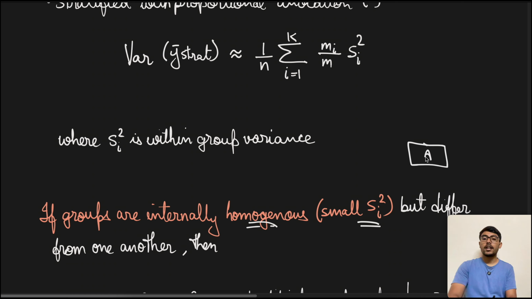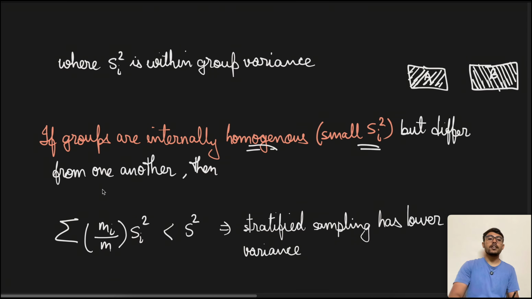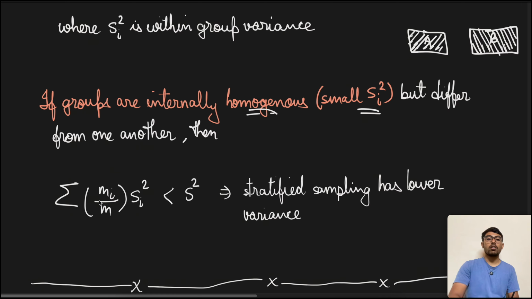Group A is very similar within itself, and then we have B, which is definitely different from group A. In that manner, we can say that summation of mi over m times si square will be less than s square. Why? Because this particular entity will always be less than 1, and we are summing it up over the product with si square, hence it will be less.